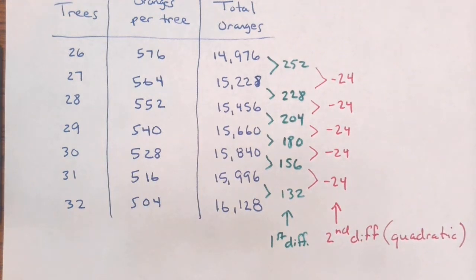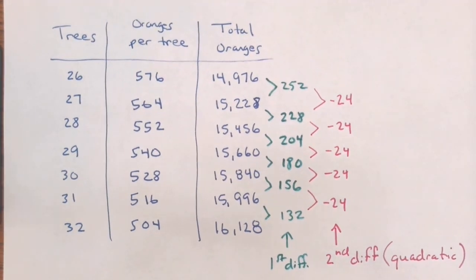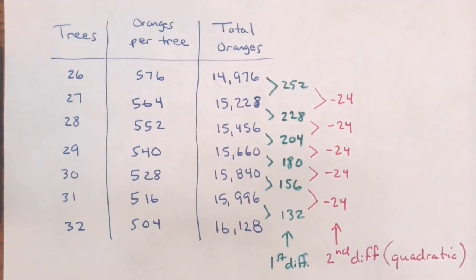In order for us to have our calculator help us out with this, what we want to do is take the information in this table and put it into our calculator. In order to make that work, what we're going to want to do is identify which of those columns we're going to be using.